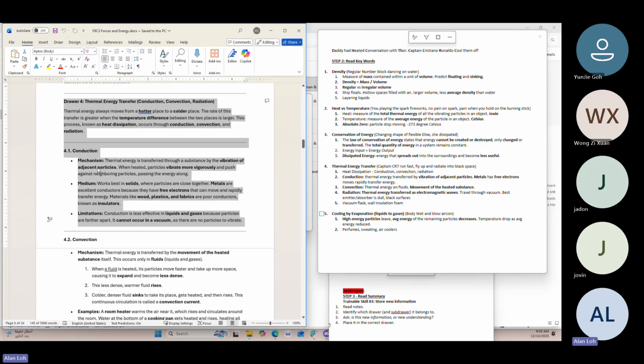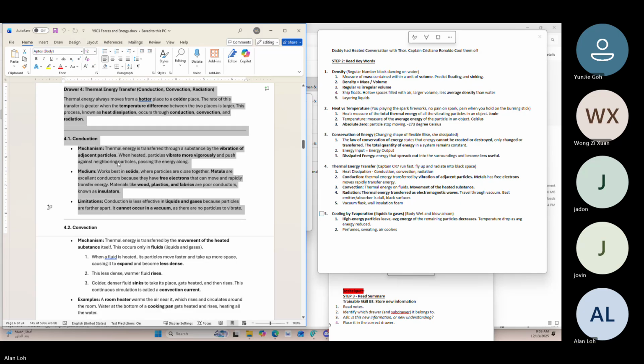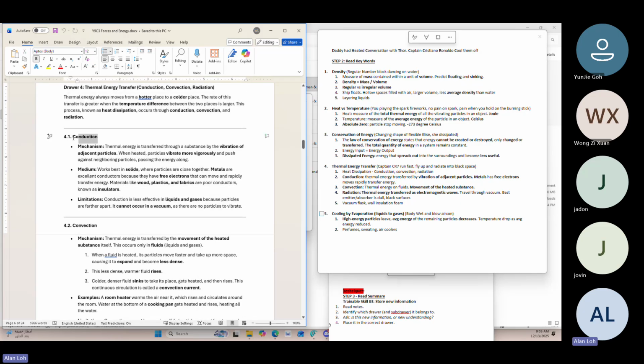Right. And this is the conduction. Conduction, you remember the captain Cristiano Ronaldo? The C. Conduction. The captain, the conduction, C. So this is explaining what conduction is.